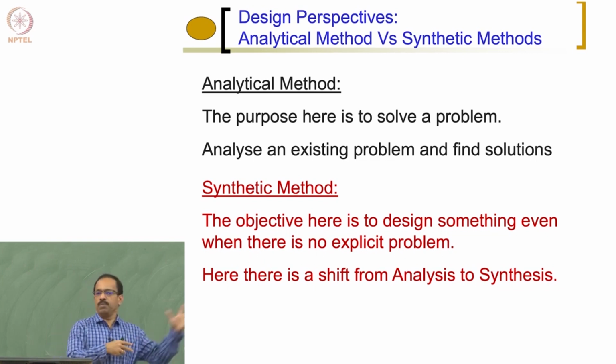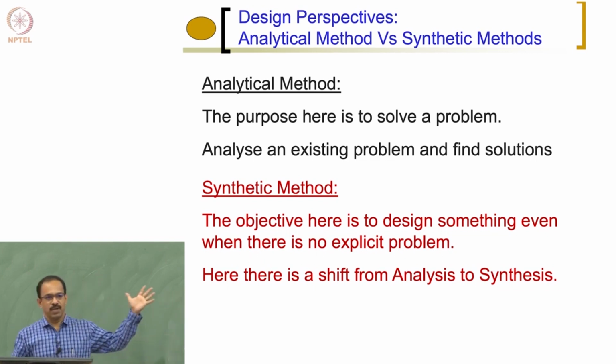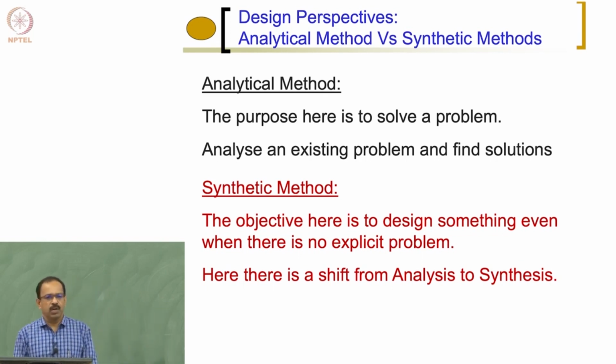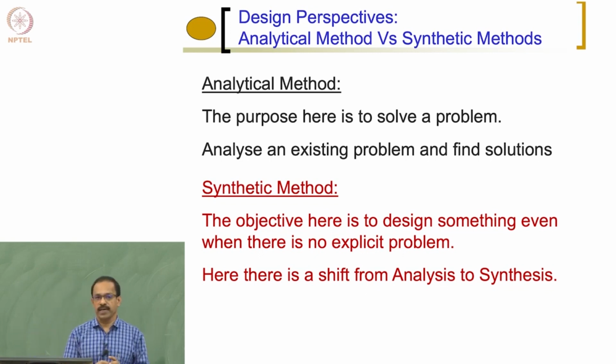The improvement could be because of some technology change, communication change, or a change in display. At present we have all rigid displays, so someone has developed a flexible display. Now I feel that there is a potential opportunity for me to change my phone with a flexible display. So that is a synthetic method of product development.